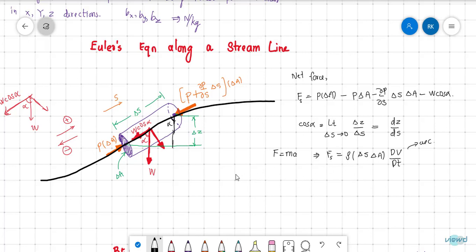So if we substitute this, rho into delta S and delta A, Dv by Dt is equal to P into delta A gets cancelled, and the remaining is dou P by dou S delta A minus W. Weight can be written as rho g into volume. Volume is delta S into delta A into cos alpha. Cos alpha can be written as dz by ds.